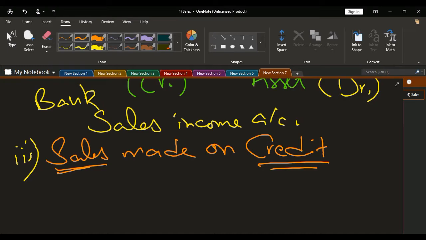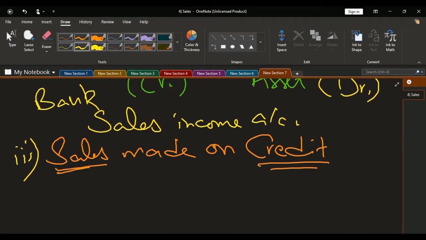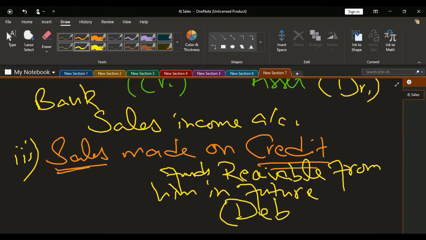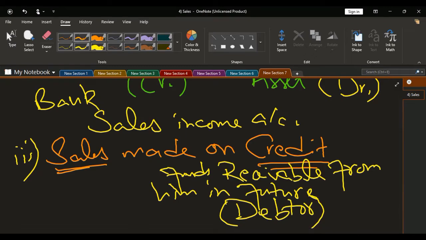So the person who has taken goods or services from us and amount is receivable from him in the future, this person is known as debtor. The person from whom our funds or amount is going to be received is called debtor.